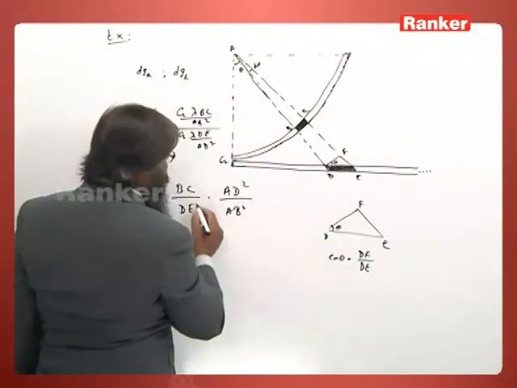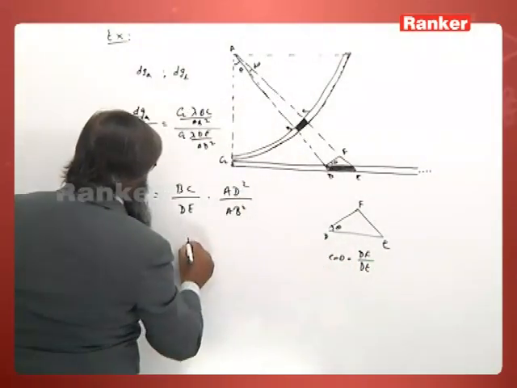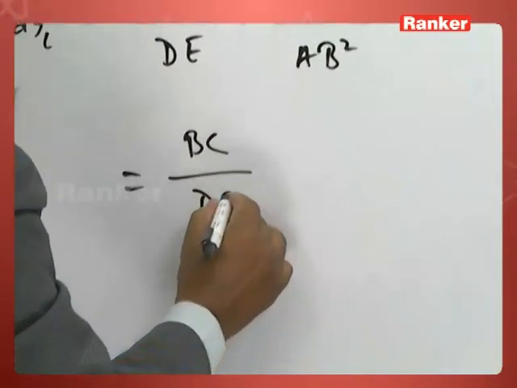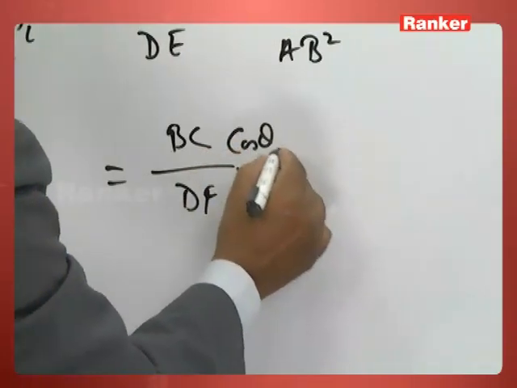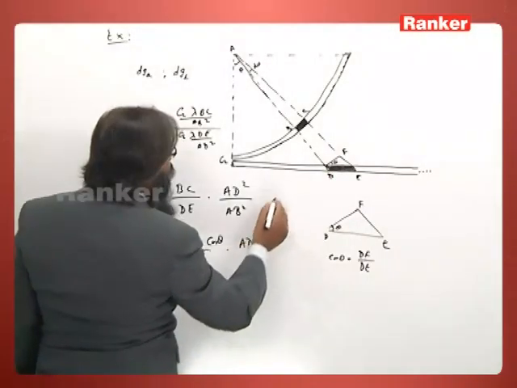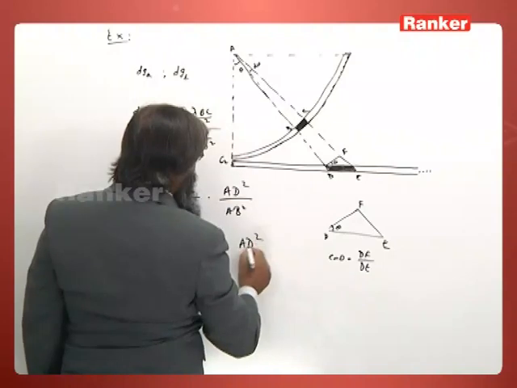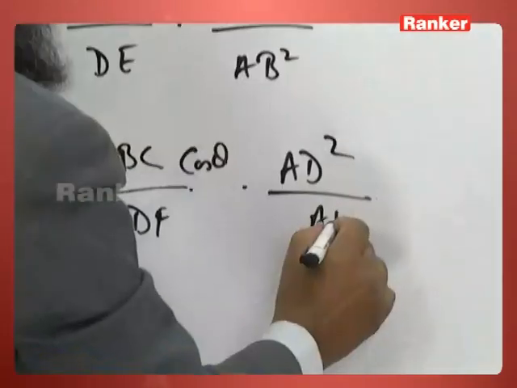We want DE. So DE is DF by cos theta. So cos theta will be here. And AD square, this is AD square by AB square.